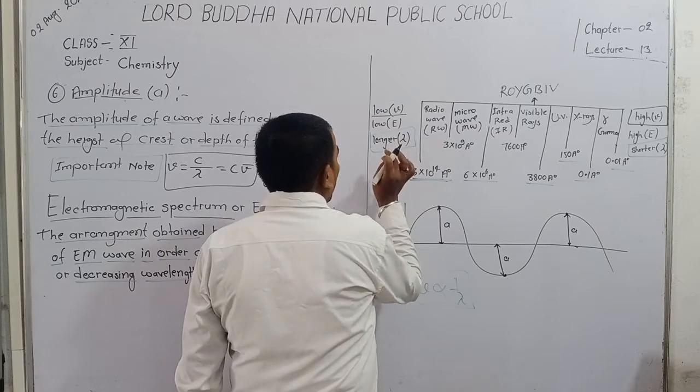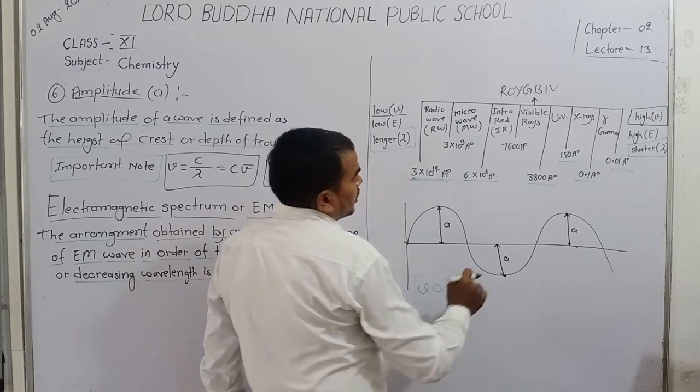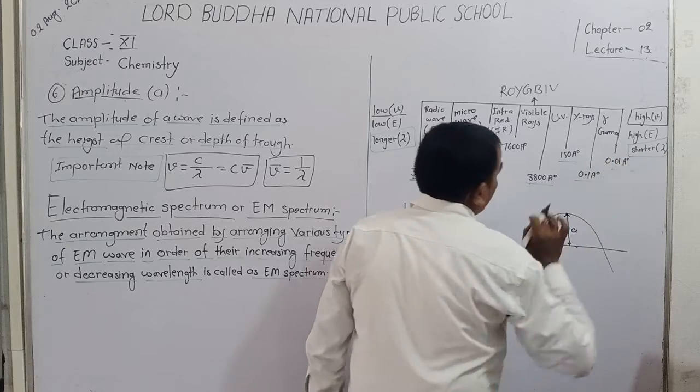Radio wave has longer wavelength, but gamma wave has shorter wavelength.